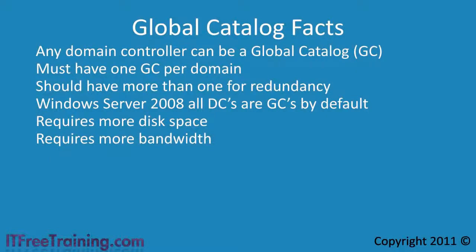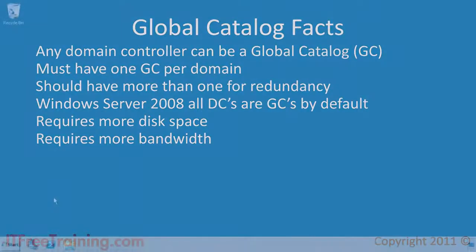Nowadays, with disk space and network bandwidth becoming a lot cheaper and more available, making all domain controllers into global catalog servers is not such a big concern as it once was. For these reasons, this is why Microsoft makes all domain controllers global catalog servers by default. You can always switch this off when you promote the server, or later on if you decide to.